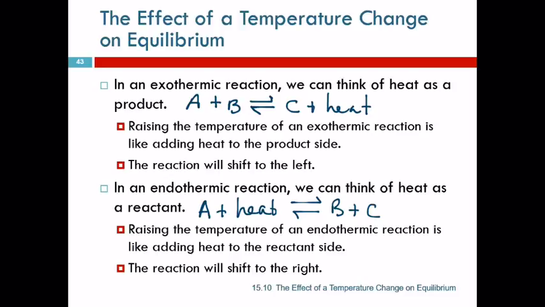Does that make sense? Think of heat as a reactant or a product. Endothermic means put heat in, so that's a reactant. Exothermic means the heat is exiting, it's being produced, it's a product. And then you can go back to, well, if I add to this, then it shifts the other way.